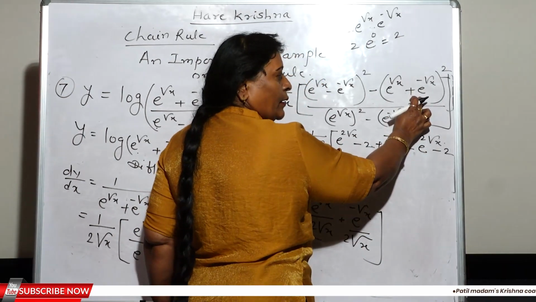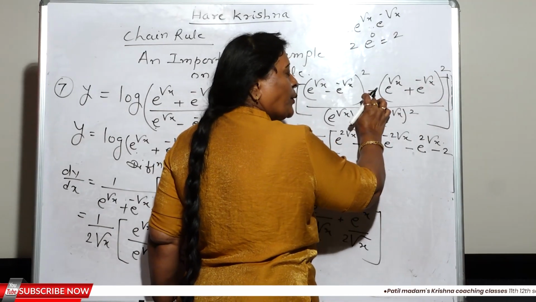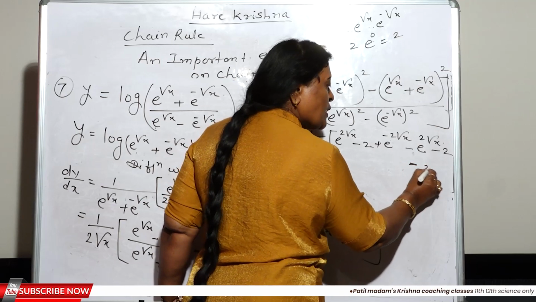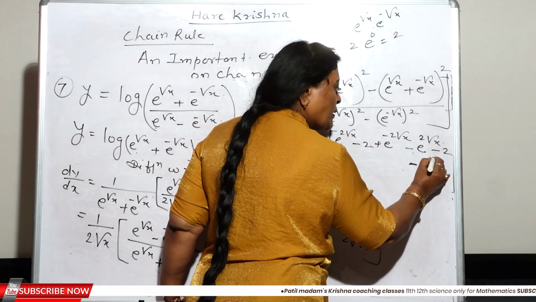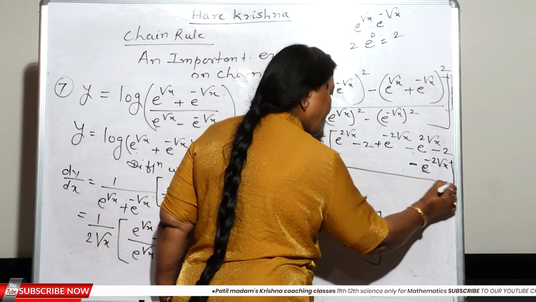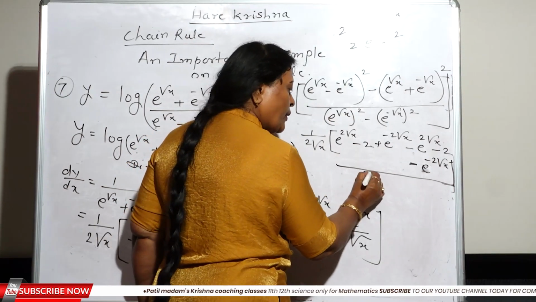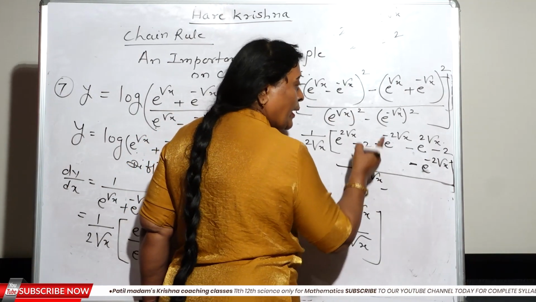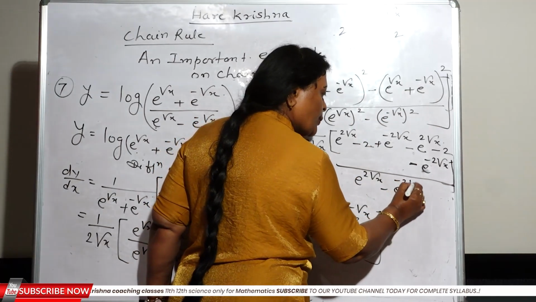Again the square of this term, that is e to the power minus 2 root x, when you multiply with the minus sign, minus e to the power minus 2 root x, divided by, here again e raised to root x whole square means e to the power 2 root x. Here again e to the power minus root x whole square means e to the power minus 2 root x.